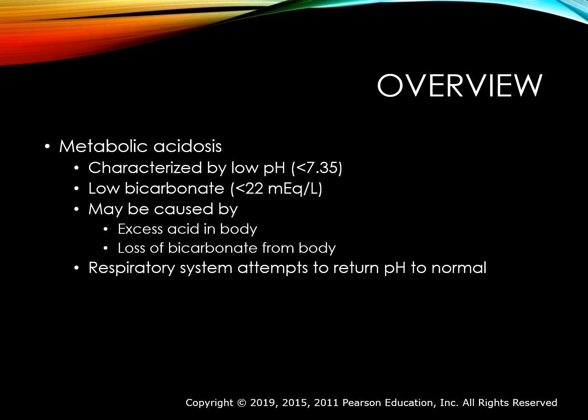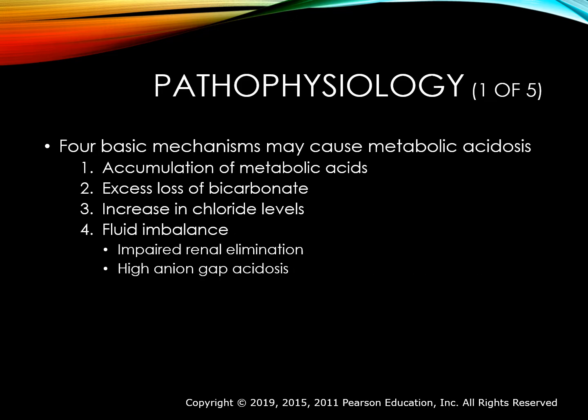When metabolic acidosis develops, the respiratory system attempts to return the pH to normal by increasing the rate and depth of the respirations. Again, here we're talking about compensation. Carbon dioxide elimination increases and the PaCO2 falls to less than 35. And so, again, the body tries to compensate. So when you're in metabolic acidosis, your respiratory system will attempt to return the pH to normal.